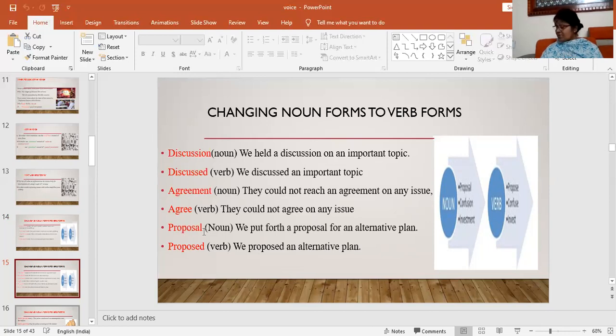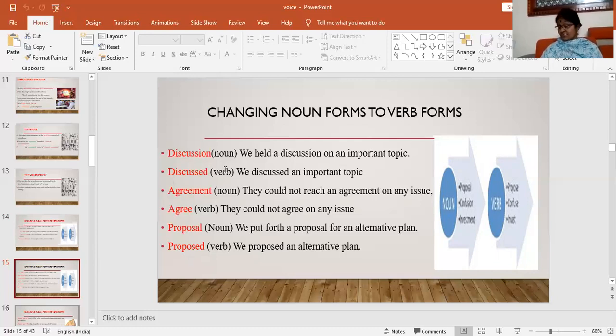Proposal. Proposal is also a noun form. If we make a sentence, say, we put forth a proposal for an alternative plan. I want to change it with a verb form. Proposal will become proposed and I will say we proposed an alternative plan, right? So this is how you can change your noun forms to verb forms.